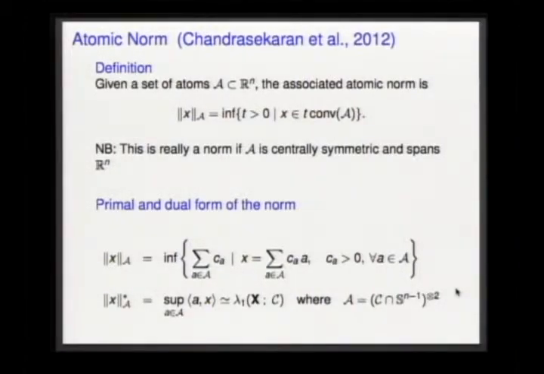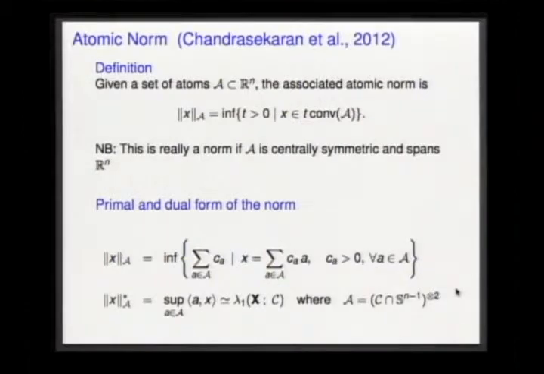And the nice thing about it is that the dual can be expressed very easily. It is the supremum over the set of atoms of the inner product of the atom with the input element. So the nice thing here is that we see a connection with what we had before.